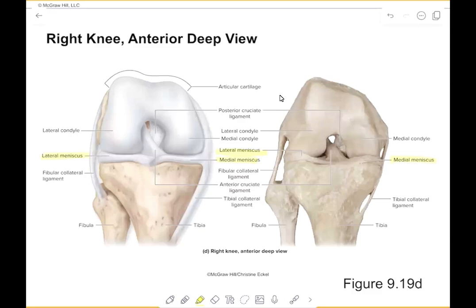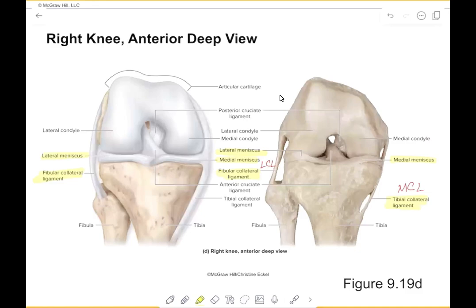There's also extrinsic ligaments like the fibular collateral ligament, and those are also called things like the MCL because the tibia is on the medial side. The fibular collateral ligament is also called the LCL because the fibula is on the lateral side.